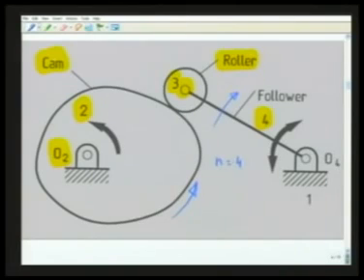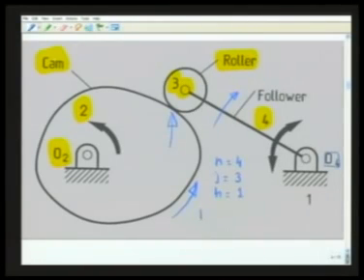There are 3 revolute pairs, one between 1 and 2, one between 1 and 4 at O4, and one between 3 and 4 at the roller center. So j is 3. Now there is a higher pair between link number 2 and 3 at this point, so h is 1.